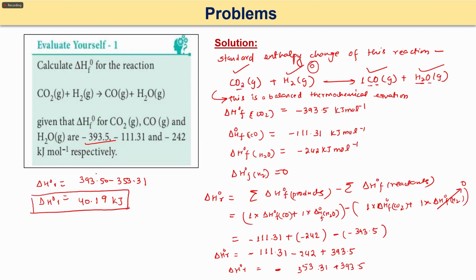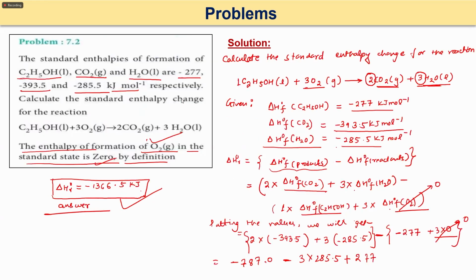Let me just recheck it. That is okay, this is right. So this will be your answer. That means the standard enthalpy change of this reaction, where your carbon dioxide is reacting with hydrogen and forming carbon monoxide and water.